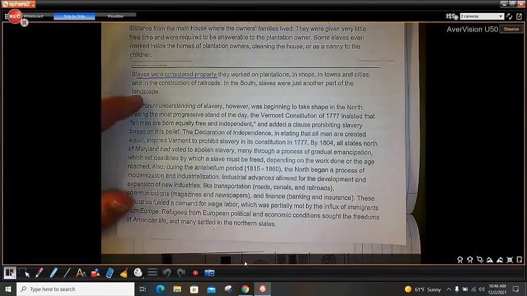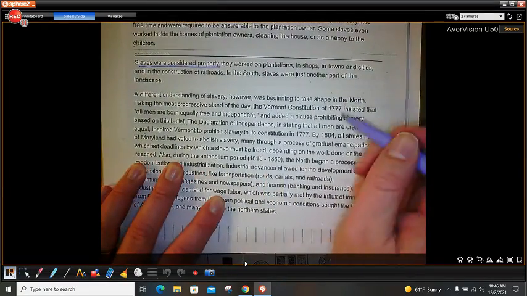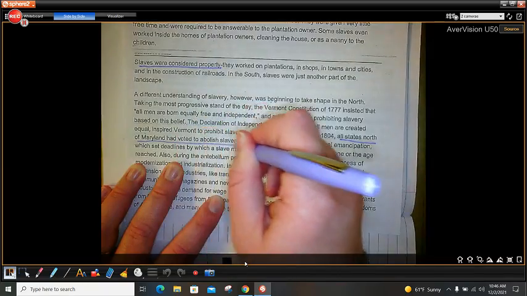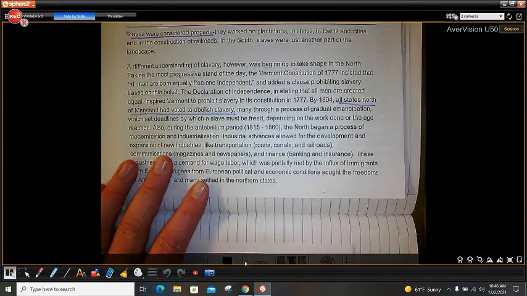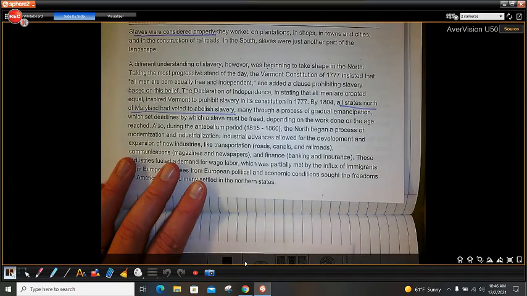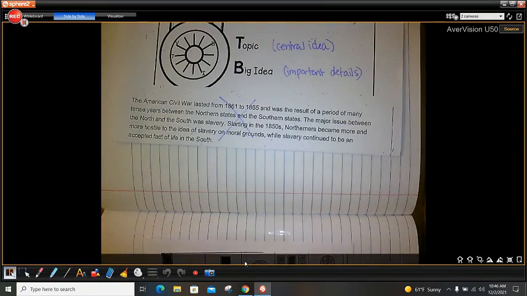So this whole paragraph seems to be about two things. The first thing it seems to be about, all states north of Maryland voted to abolish slavery. So slavery is not seen as a good thing in the North.